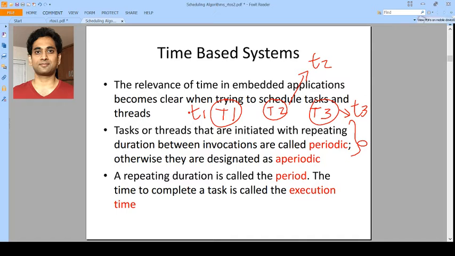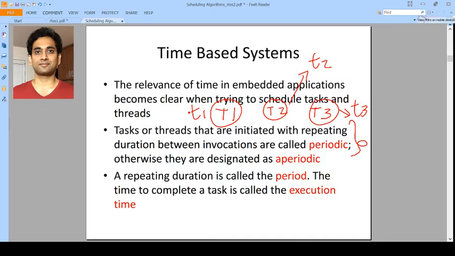Or in other words, tasks or threads that are repeated after every particular interval of time, that are repeated every so often, are called periodic tasks. Otherwise, if they are not repeating after a particular interval of time, they are called aperiodic tasks.